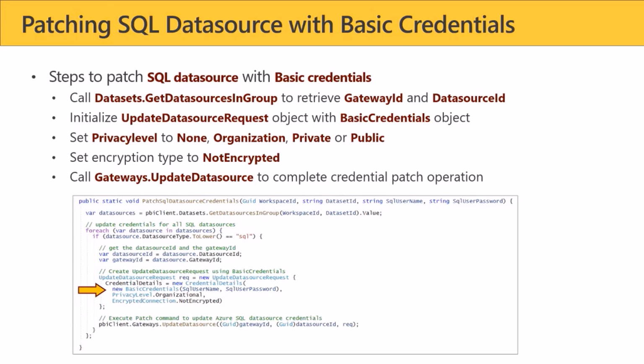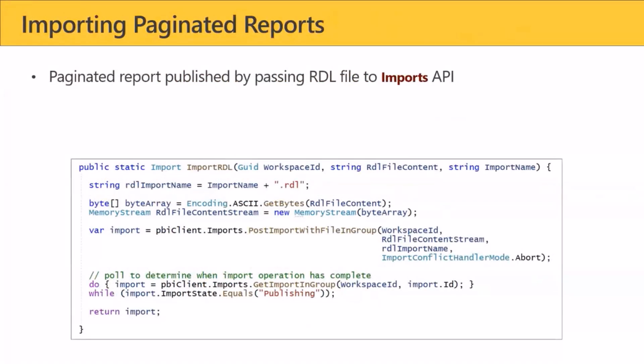Okay, now, how about importing paginated reports? You can use the imports API to import a PBX file. Everyone who uses the imports API knows that. But I guess what's not as widely known is that you can also import RDL files with a paginated report and data flow definitions.